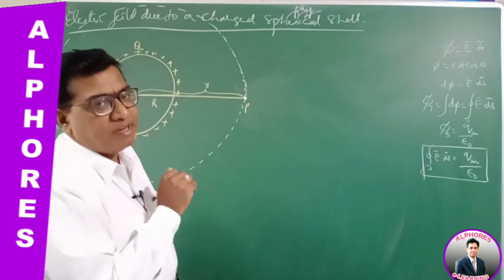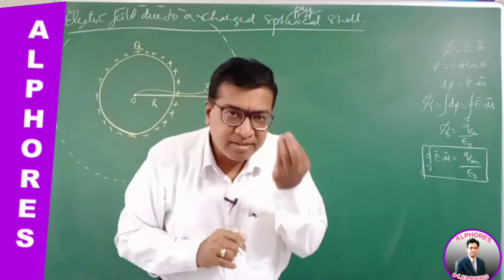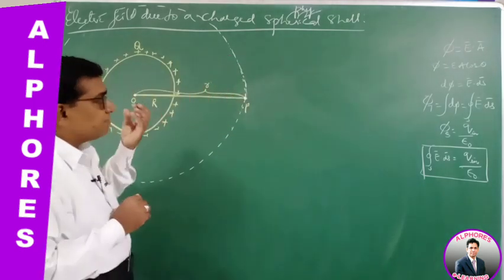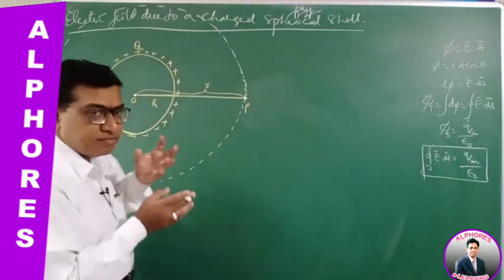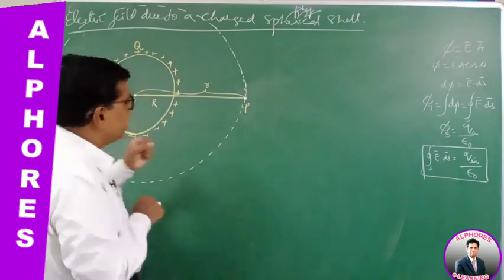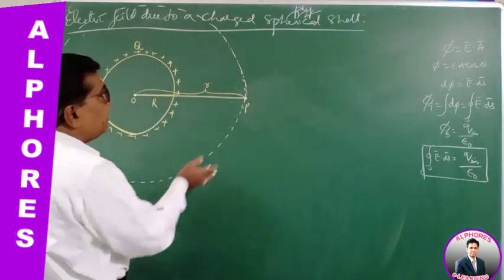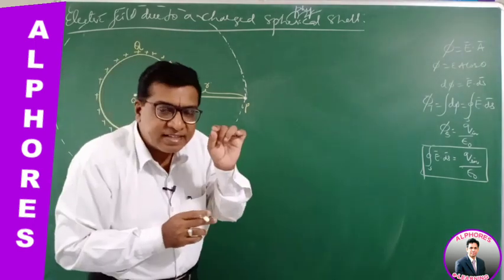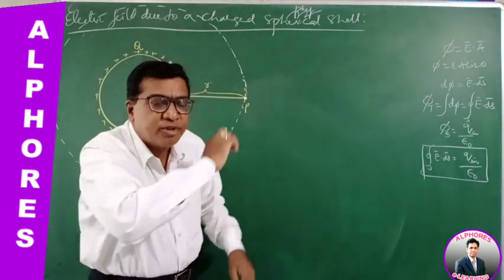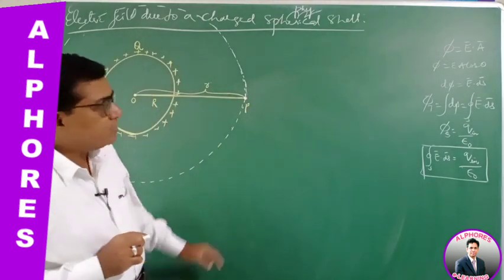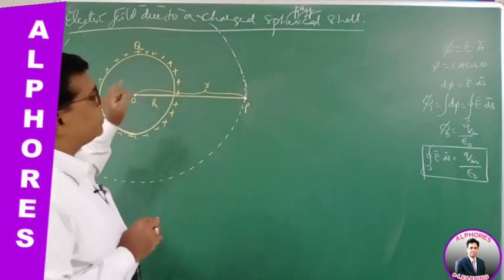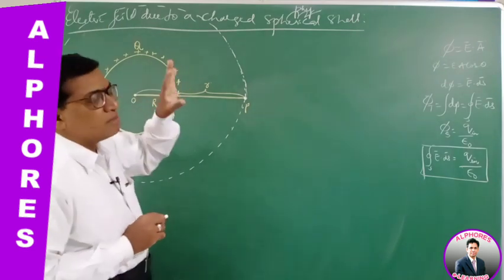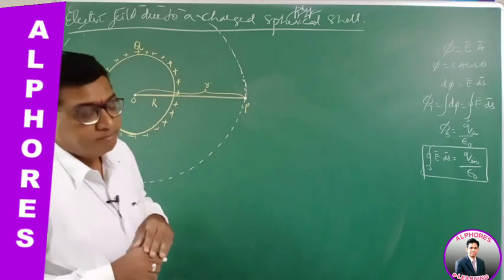That is the major thing: while imagining the Gaussian surface, you have to take keen care and cleverly imagine it so that the electric field remains the same at all the points on the Gaussian surface. So I have taken the spherical Gaussian surface which is equidistant from the center, so at all the points the magnitude of the electric field will be the same.